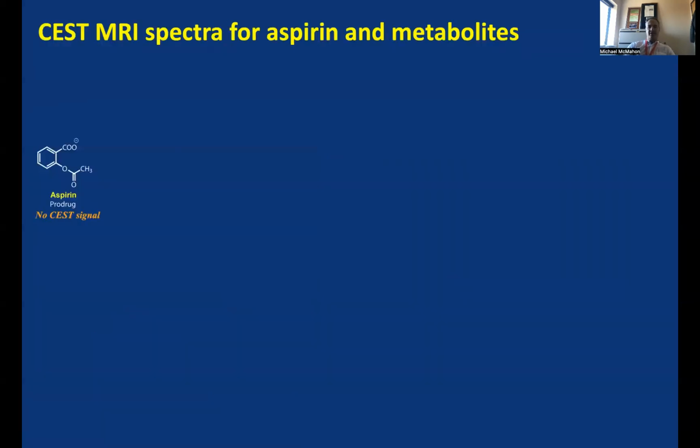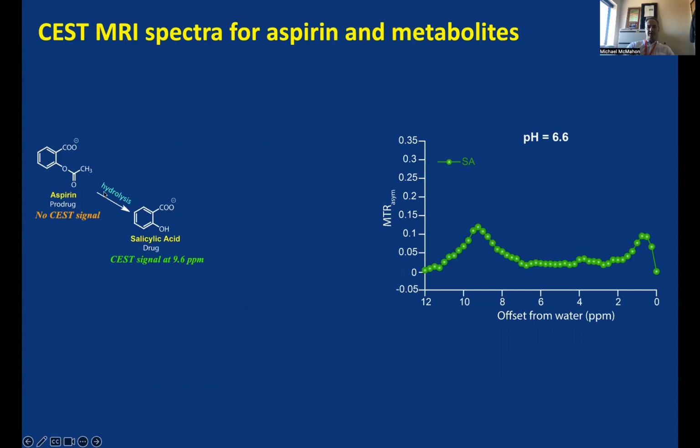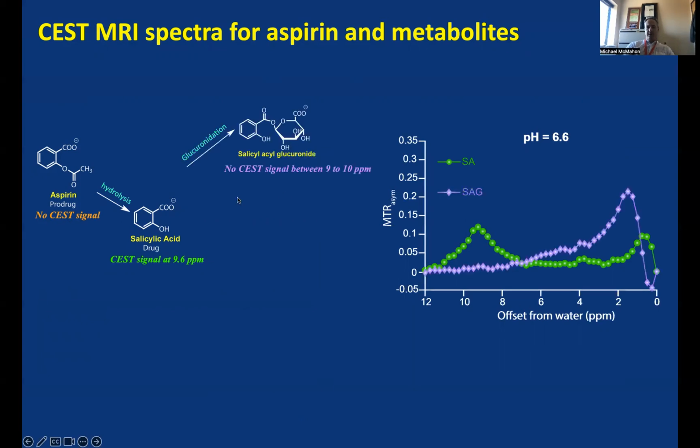And so if you look at the CEST MRI spectrum for aspirin and metabolites, aspirin produces no CEST signal. Once it's deacetylated, you can see this very nice big peak at about 9.5 ppm from water. And then if it's further metabolized through glucuronic acid addition, it loses this 9.5 ppm peak, but then gains an additional 1.5 ppm peak from the hydroxyls on the glucose.